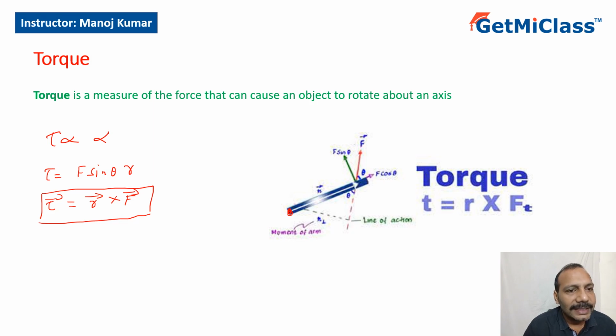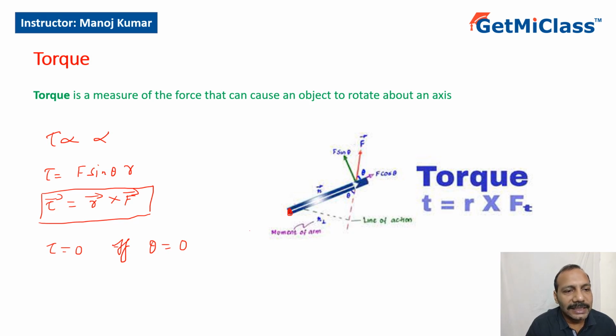Now, what are the cases under which the torque acting on the body would be zero? So we have seen tau equal to R cross F, or in magnitude, I can write tau equal to RF sin theta. So I can say tau equal to 0 under what condition? If theta equal to 0. Now, what do I mean by theta equal to 0? If theta is equal to 0, then the force would be acting along the bar, or it would be along the axis.